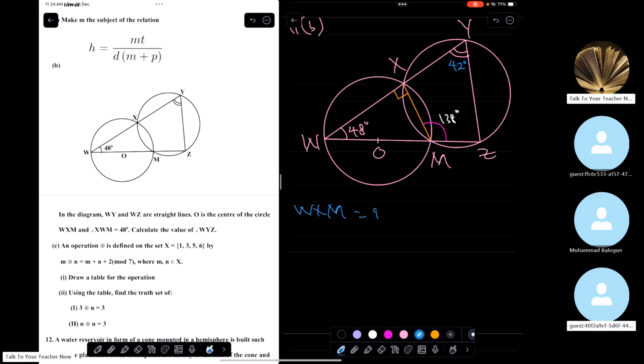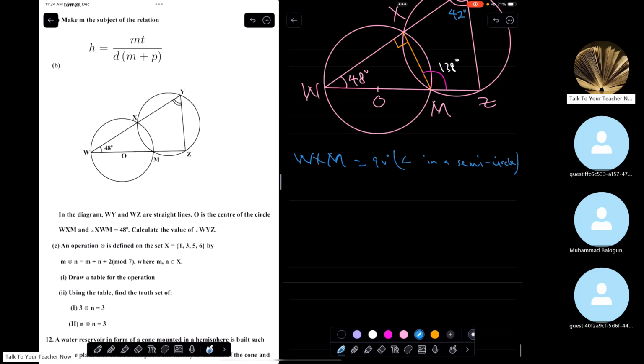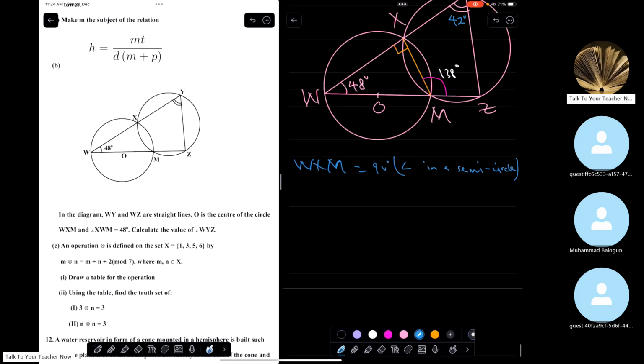Angle WXM equals 90 degrees. Angle in a semicircle is a right angle. Now, if that's 90 degrees, then I know that angle XMZ equals 90 plus 48.